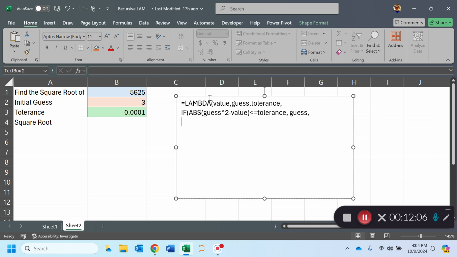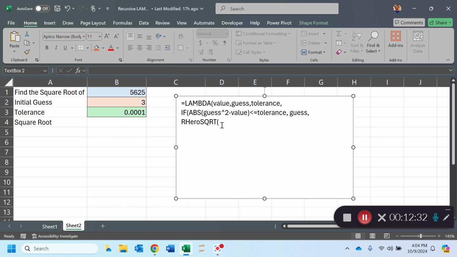Now at this time, we need to know what name we want to assign the lambda function. So here, because I'm using the recursiveness, I'm going to call that R hero square root. So recursive, it doesn't matter what you call it, but it is just something that I decided right now. So R hero square root is going to be called again.